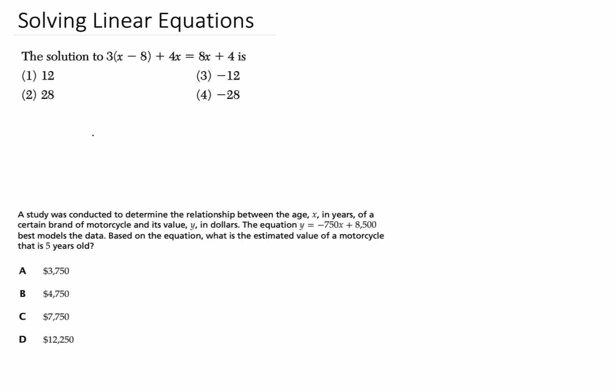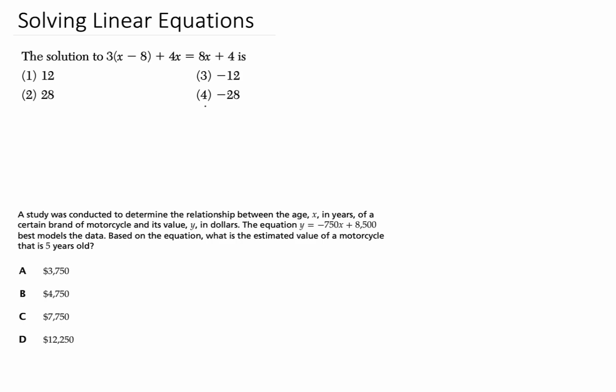The first one says the solution to 3 times (x minus 8) plus 4x equals 8x plus 4 is. I always tell my students that when it comes to solving linear equations, you have to be proficient in adding, subtracting, multiplying, and dividing your integers because it's very important.